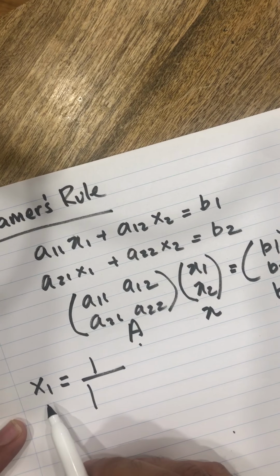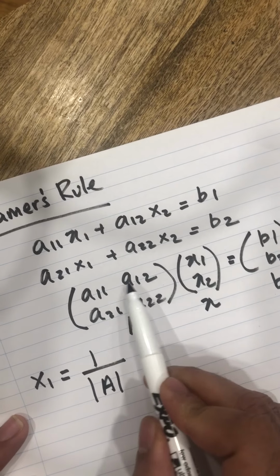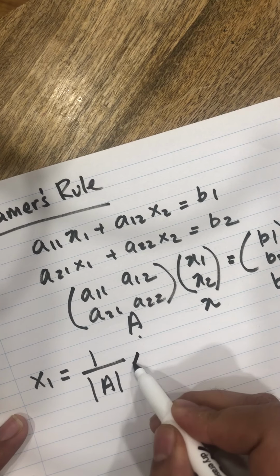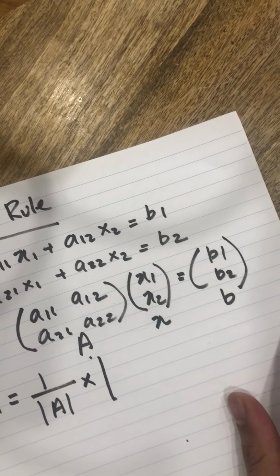So the solution for x1 will be equal to 1 divided by the determinant of A, into the determinant of a special matrix.